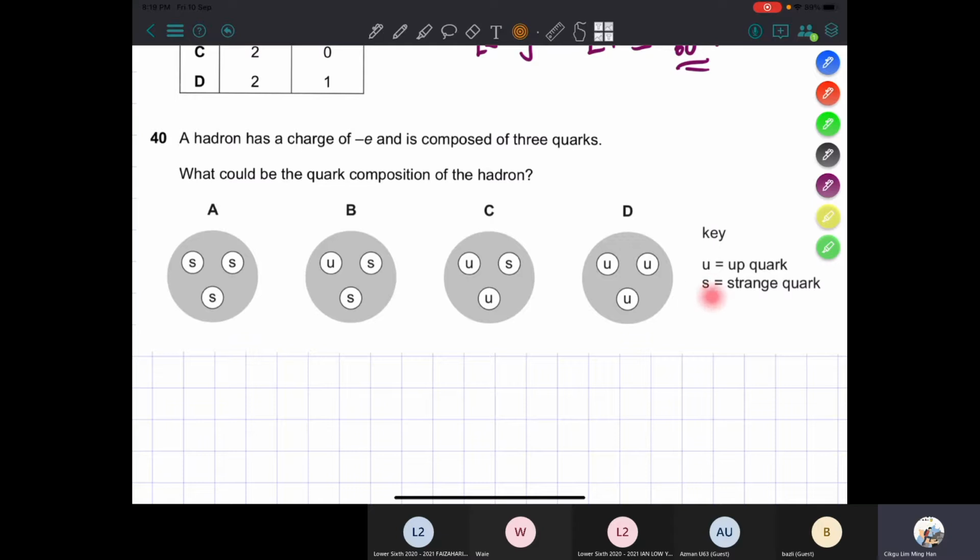I don't even remember the charge of strange. Plus 1/3? Yeah. Plus 2/3. Minus 1/3 plus 1/3? Yeah.